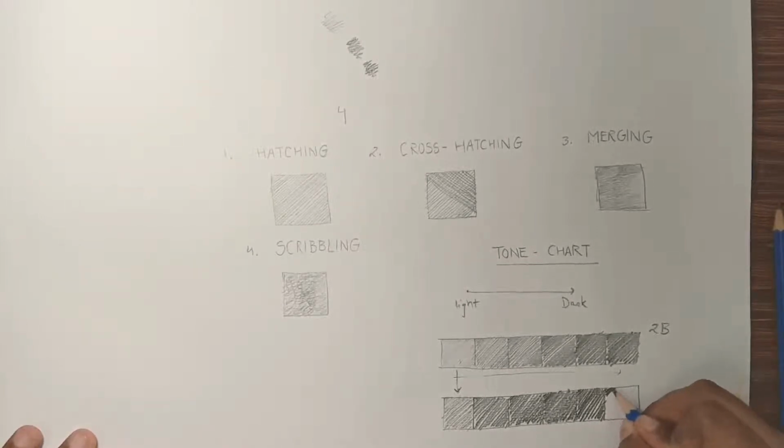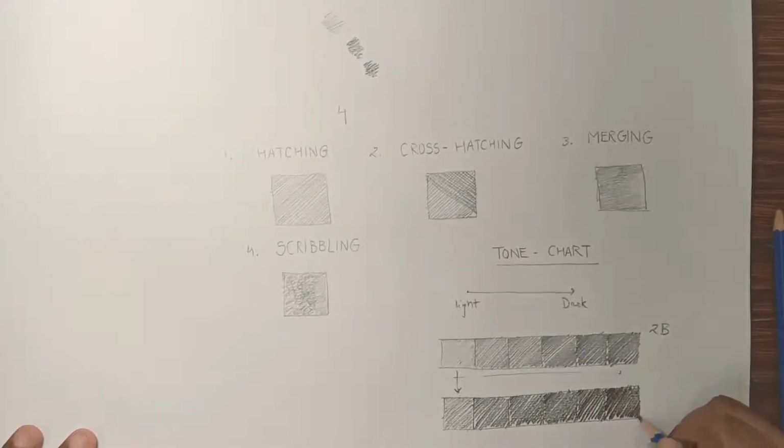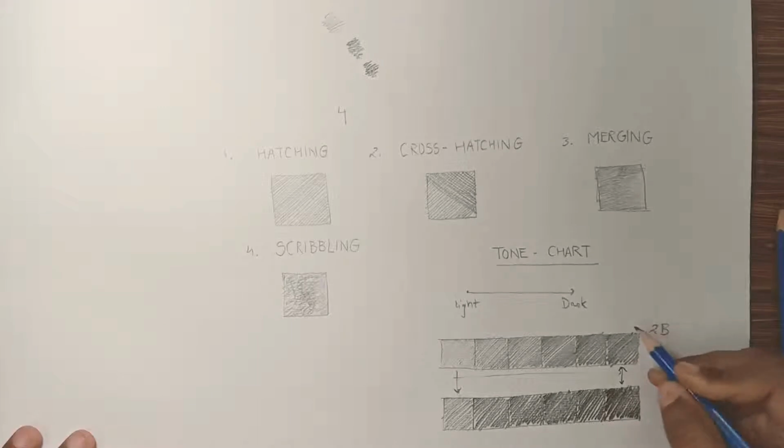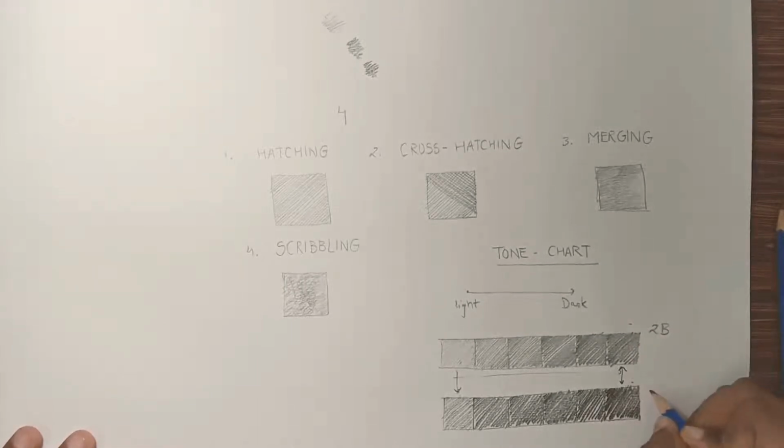And the maximum pressure. Even in the darkest shades, you can compare the darkness of a 2B pencil and of a 4B pencil. So this is our tone chart.